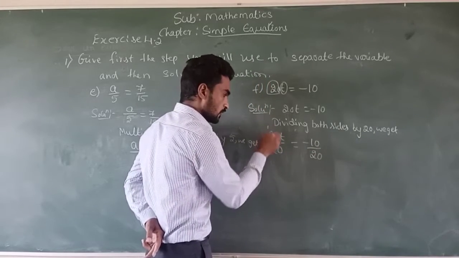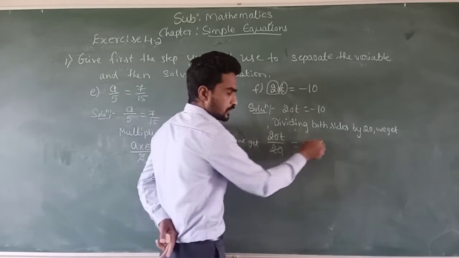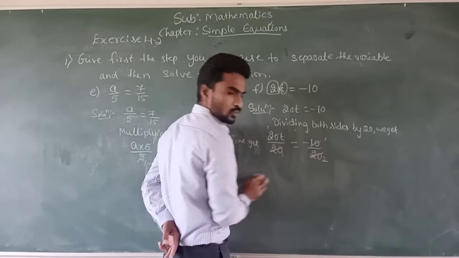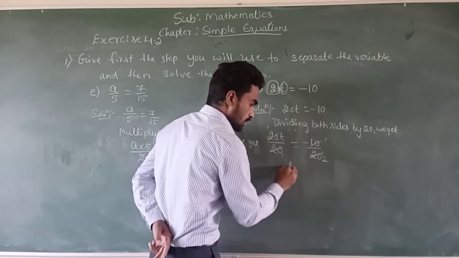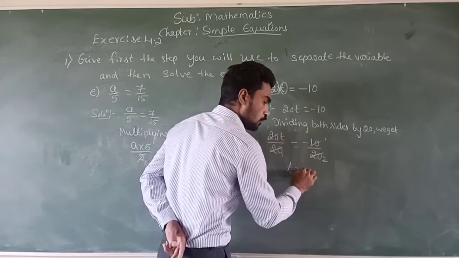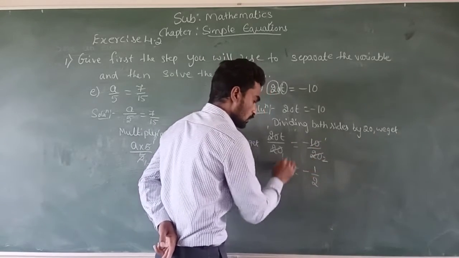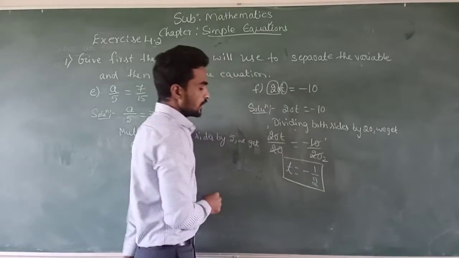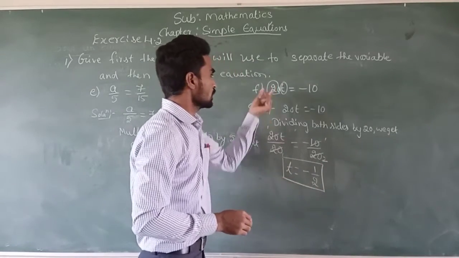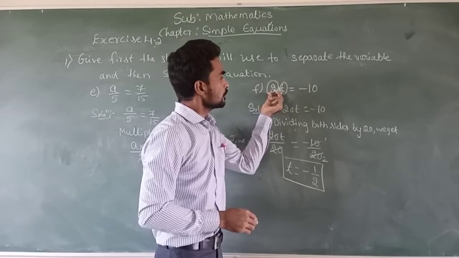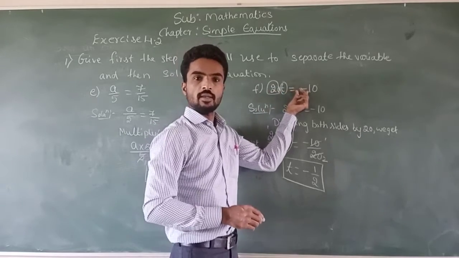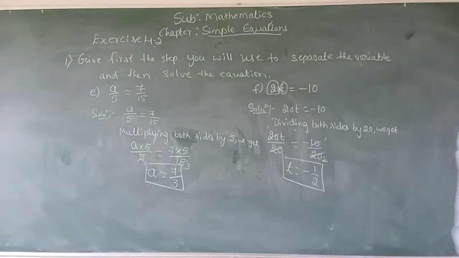Here 10 ones are 10, 10 twos are 20. Here t is equal to, minus is there, put minus as it is, 1 divided by 2. Then t is equal to minus 1 by 2 is the solution of the given equation 20t is equal to minus 10.